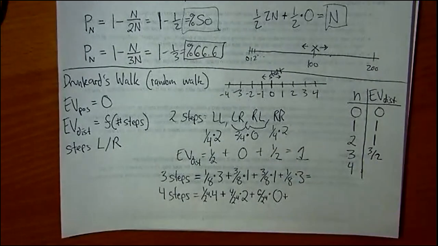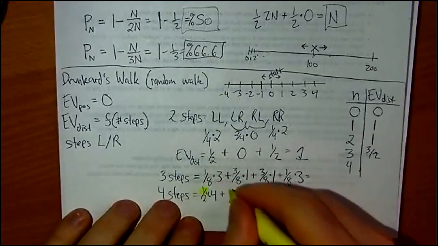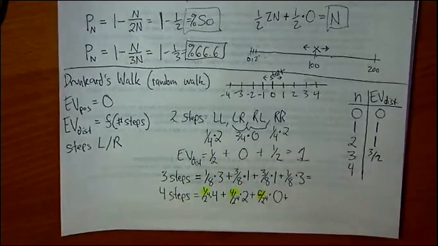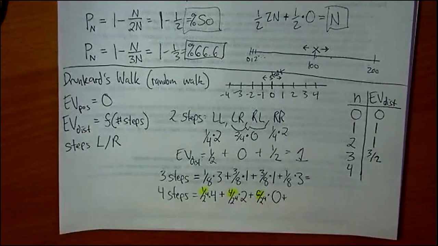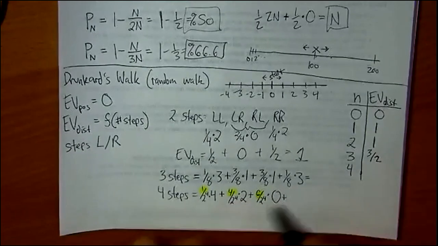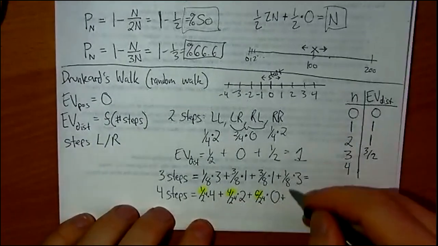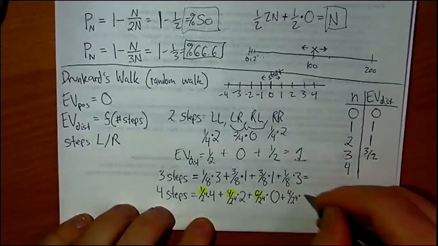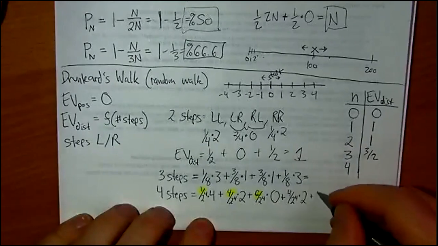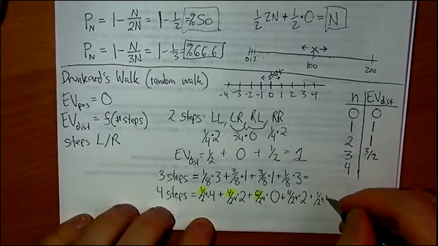The Pascal's triangle coefficients come in as the numerators here, right? The denominator is always going to be 2 to the 4th, which is, again, the row sum for Pascal's triangle at that point. The rest of the terms are going to mirror the first ones. So I'm going to have plus 4 over 2 to the 4th times 2 plus 1 over 2 to the 4th times 4.